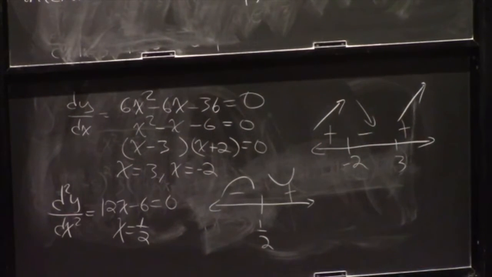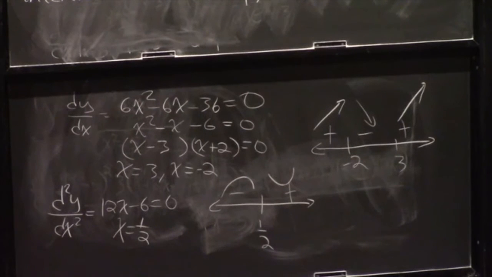I know I'm doing it a little fast, but I want to make sure we get it in. Okay, so that means we have a maximum at x equals -2, minimum at x equals 3. I'm sorry, -2 and 3.